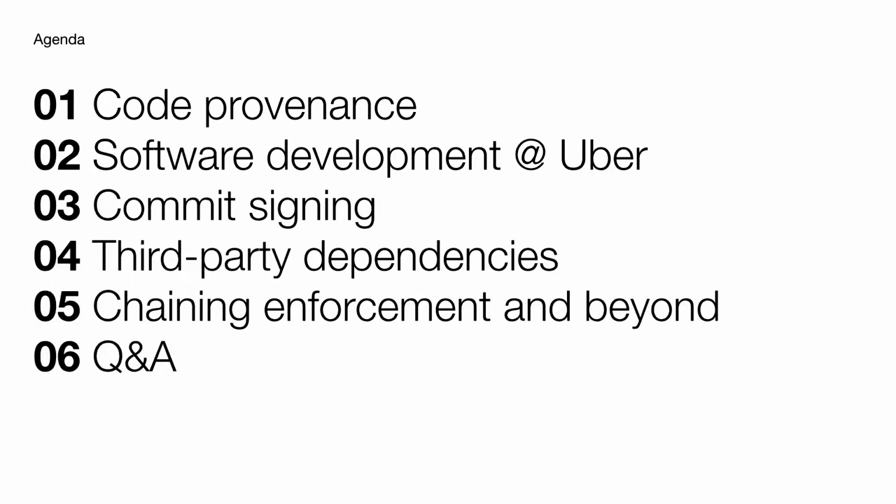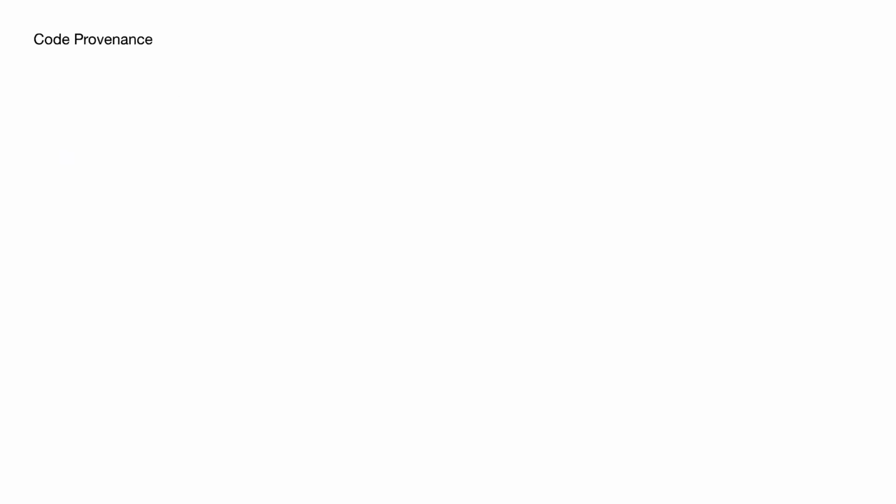Cool, let's dive in. So code provenance. What is code provenance, right? What is this thing that we're talking about? So we like to begin by defining it with words before we actually dive into defining what it means with slides.